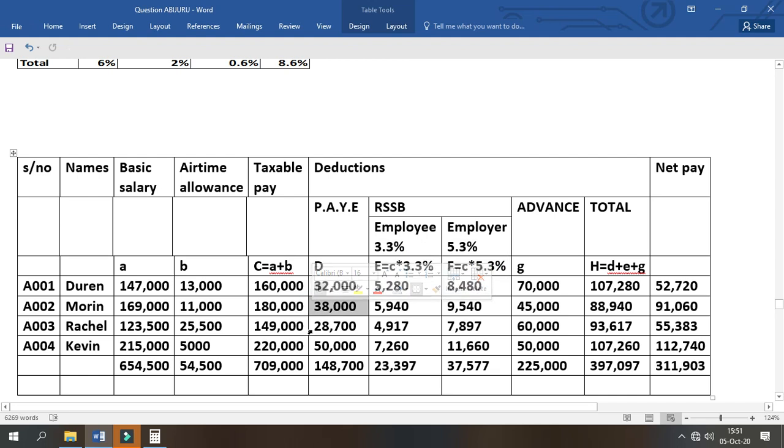For Rachel is equal to 28,700, and for Kevin is equal to 50,000.